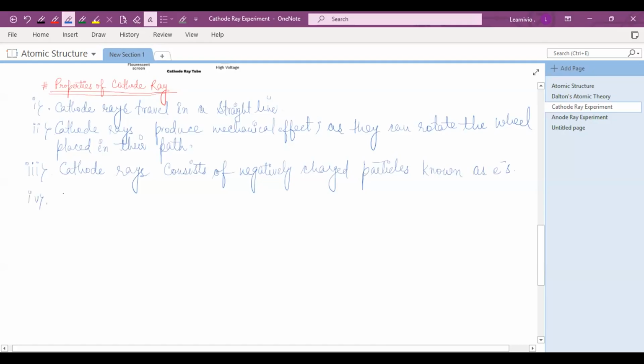Fourth property of cathode ray is that cathode rays travel with high speed. Fifth property was that cathode rays can cause fluorescence.